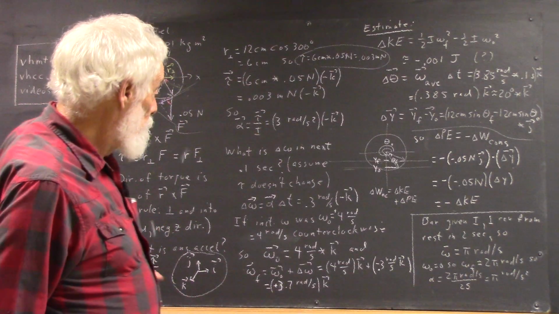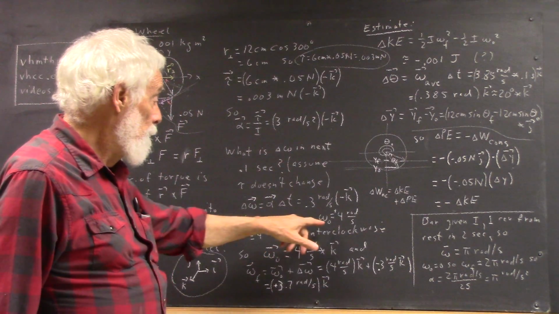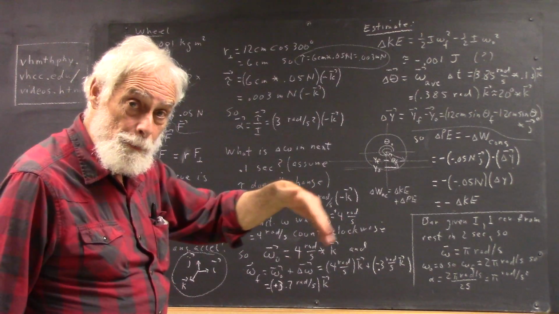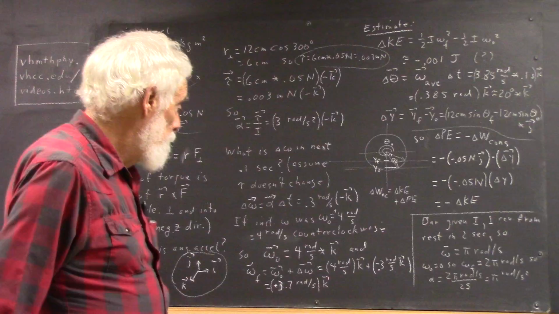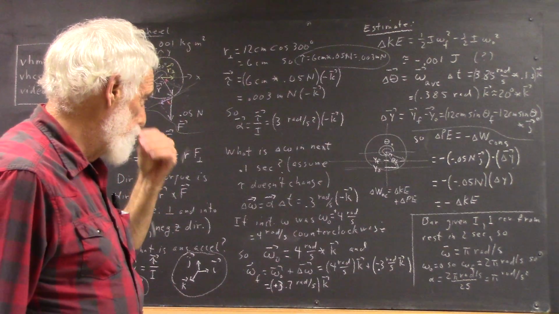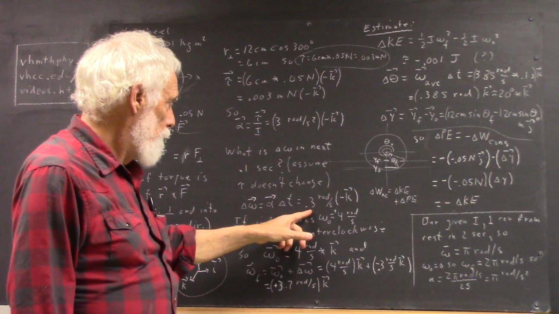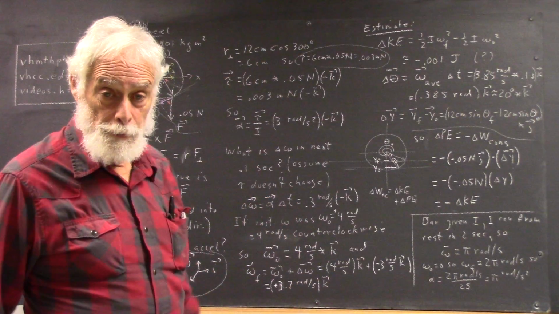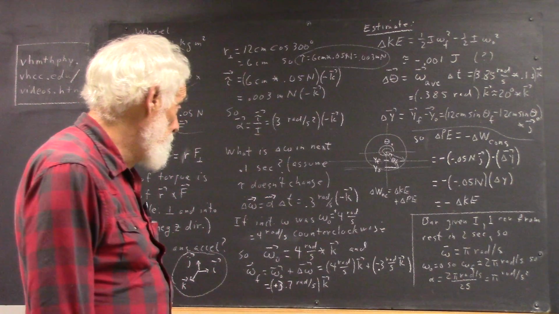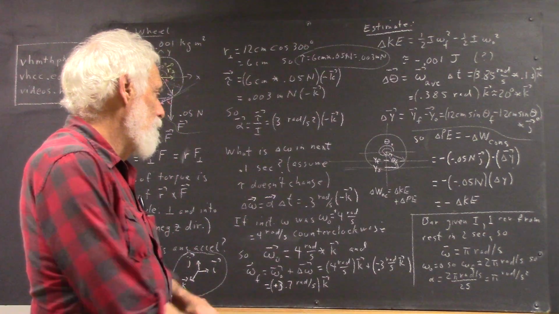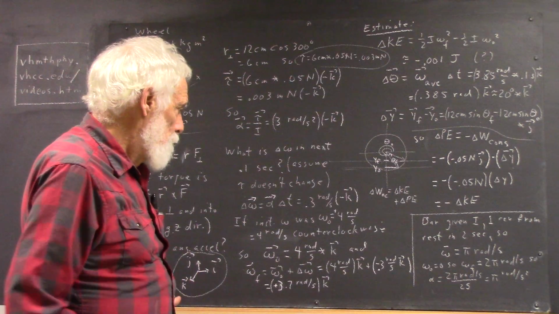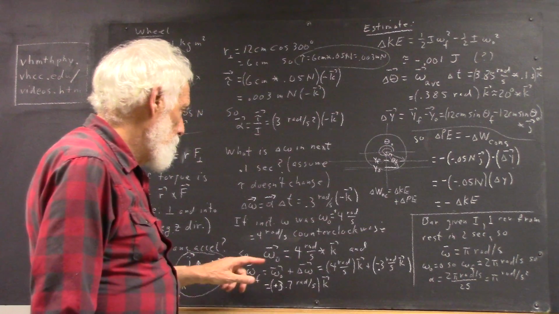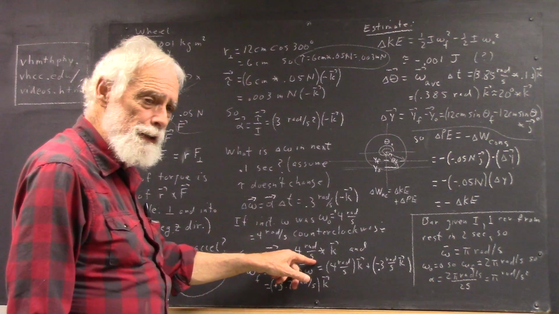Now, if initially our omega was plus 4 radians per second, meaning this thing's rotating in this direction about this fast, okay, what's going to happen in 1/10 of a second? Well, it's going to lose something like 0.3 radians per second in its velocity, and that's a little less than 10% of its velocity.